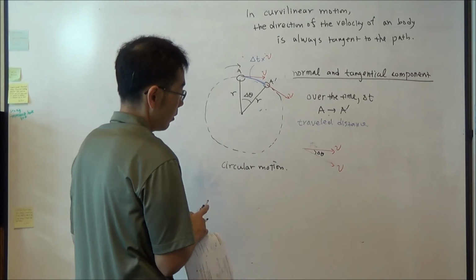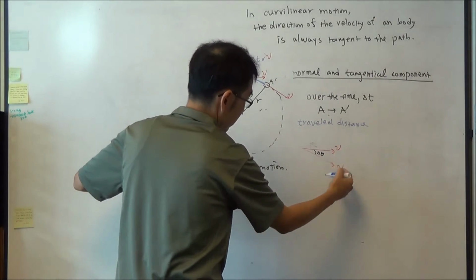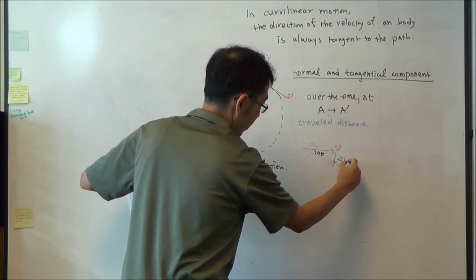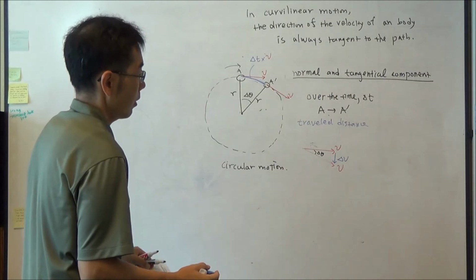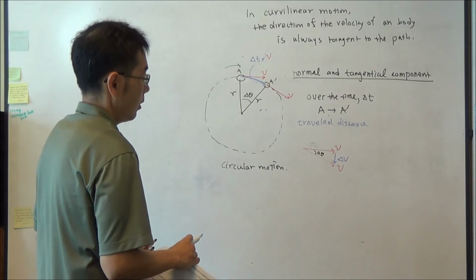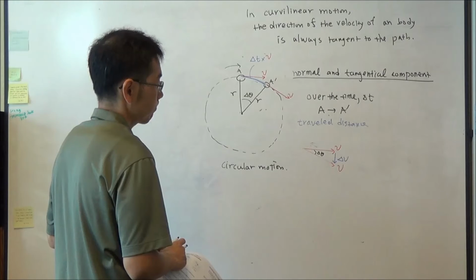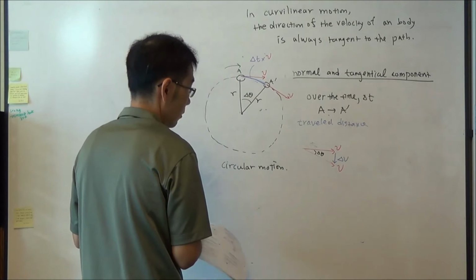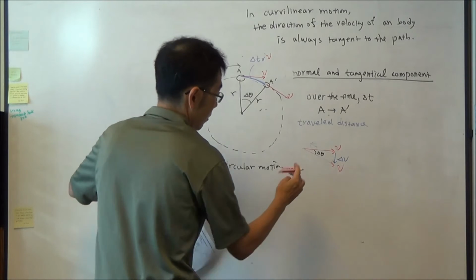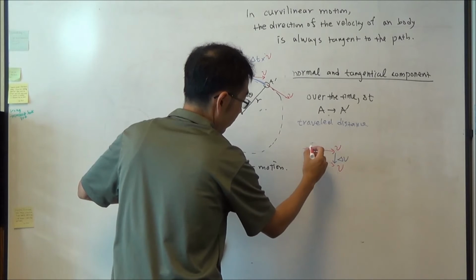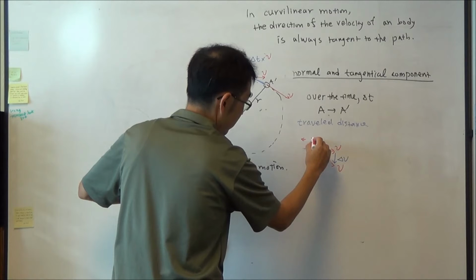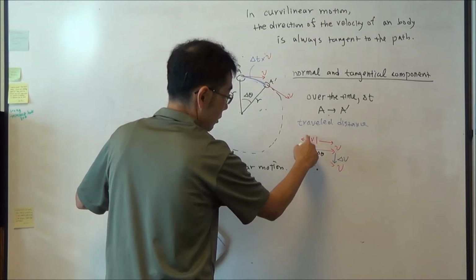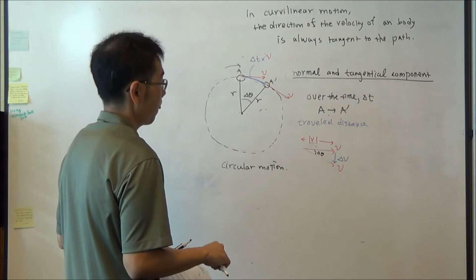Then this is v, it just changed, and this is delta v. The length of this delta v vector is the magnitude of delta v.